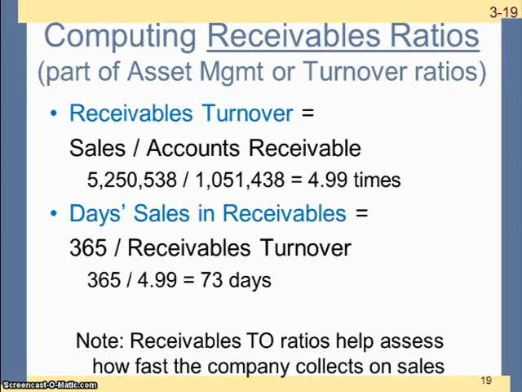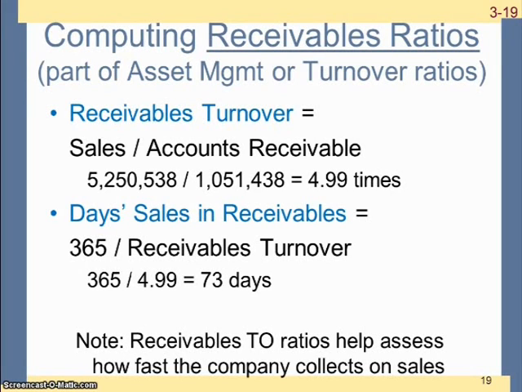Receivable turnover is a measure of how quickly a company is collecting its sales that were made on credit. The calculation of receivable turnover is to divide net credit sales for the year by the amount of accounts receivable outstanding during that period.